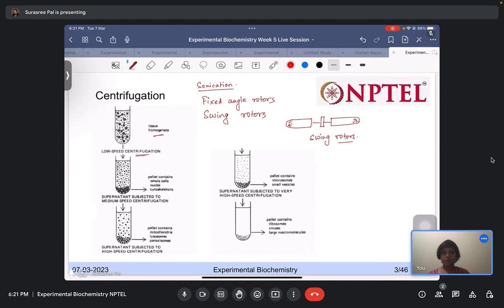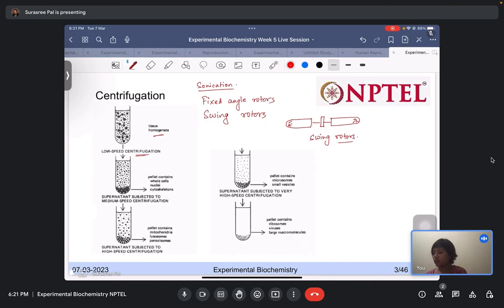Suppose we are expressing our protein in Escherichia coli or E. coli bacteria. After we overexpress the protein, we collect the cells, and then we pellet down the cells, or we centrifuge the cells first. Then the whole cells come in the precipitate.